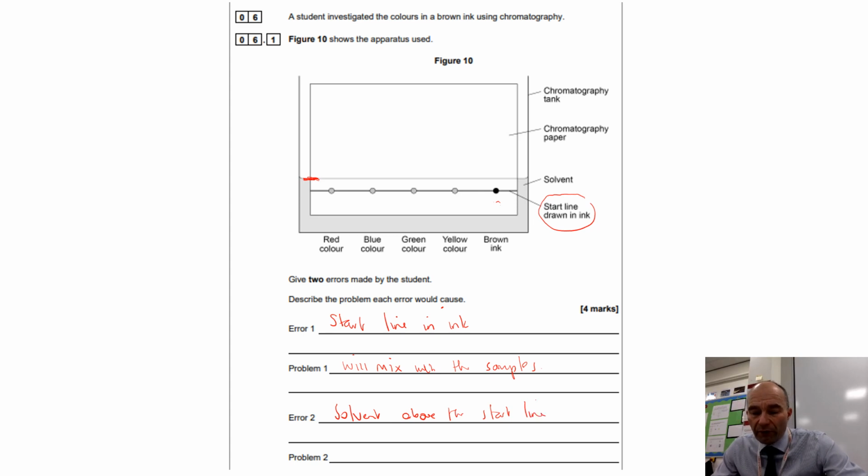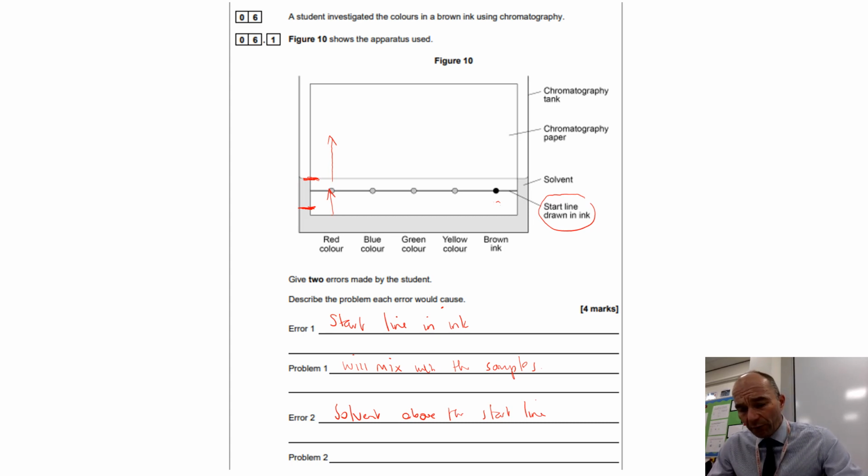Remember, in chromatography, you need the solvent to be below the start line, somewhere down here, because what happens is the water, the solvent, gets absorbed through the paper, and the solvent moves up through the paper, and as it gets to the sample of ink, it dissolves that ink, and then it carries the dot depending on how soluble the ink is. The higher the ink moves, the more soluble it is. The lower it is, the less soluble.